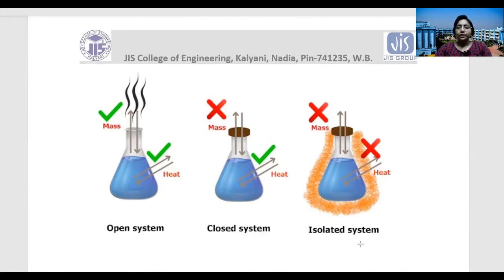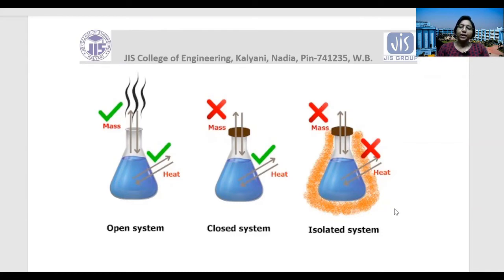Now, the third one is the isolated system. You can see there is insulation. That is why no heat transfer and no mass transfer takes place. That is the example of an isolated system.